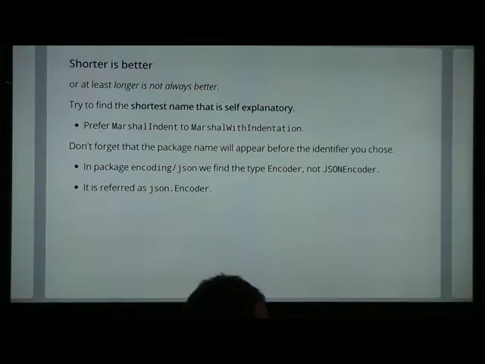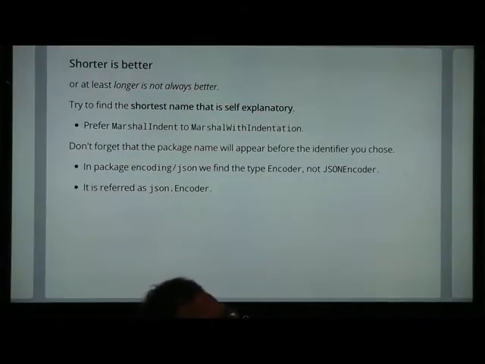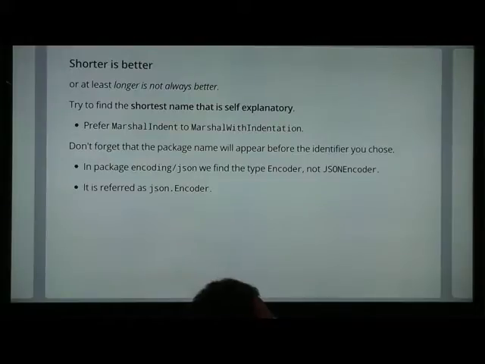So when you have to name things, and naming things is really difficult in computer science, in Go, what we think is that names should be as short as possible, as long as they have the information that you want to express.